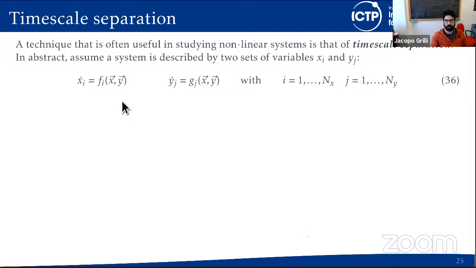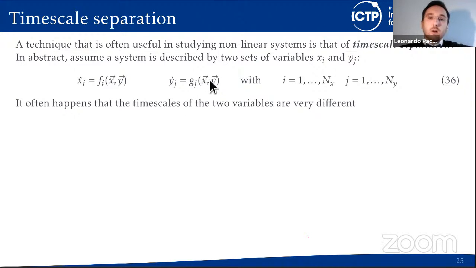Okay. So we can have different nonlinear functions here. Now, what happens often, not always, and this depends on our knowledge of the system, is that we can say, for example, that the time scale of these variables is very different from the time scale of these.